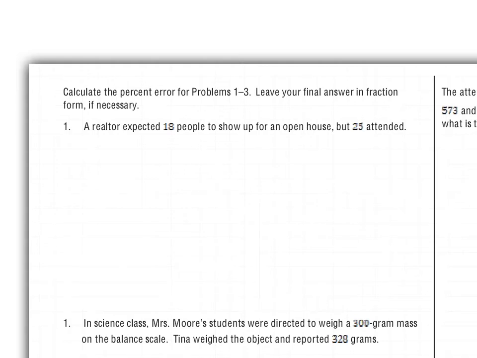So this asks us, a realtor expected 18 people to show, and 25 people attended. Which one of these we have to think about is the actual, which actually happened? Well, the 25 people is what actually happened.